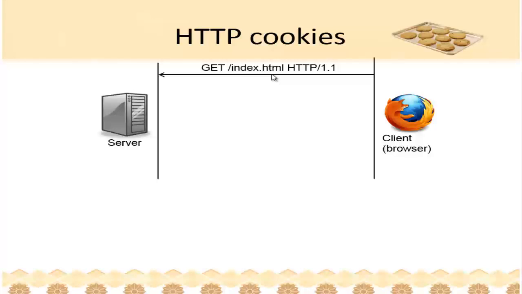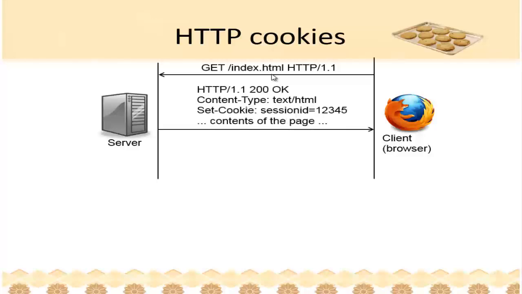So when the client makes a request for a page, the server is going to say that I can talk in the 1.1 version. 200 is the code number indicating that the message is okay, and then it sends the content back to the client indicating that I am sending you back a text interpreted like HTML.